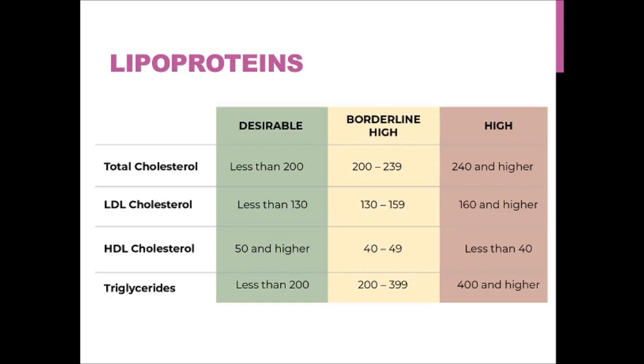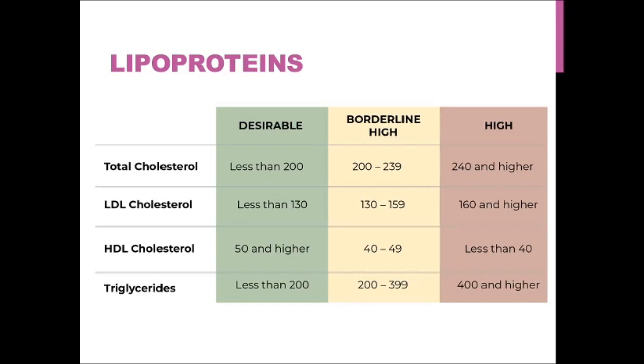So high levels of LDL are not good, and LDL, when it's high, shows that the cholesterol that is being transported in your body is likely being transported to areas like adipose cells and arteries, which can contribute to atherosclerosis, heart disease, heart attacks, and strokes. HDL cholesterol is our good cholesterol, so higher levels are better, and it actually is indicative of a lower incidence of heart disease and strokes.